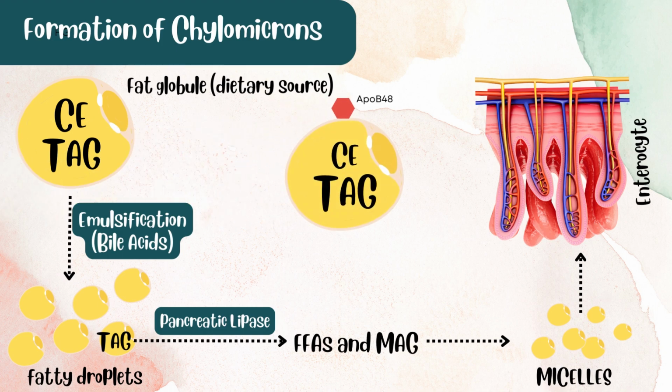Triglycerides, cholesterol esters, cholesterol, and apolipoprotein B48, ApoB48, are then packaged into chylomicrons in the enterocyte. This concludes the formation of the first lipoprotein in the exogenous lipoprotein pathway.